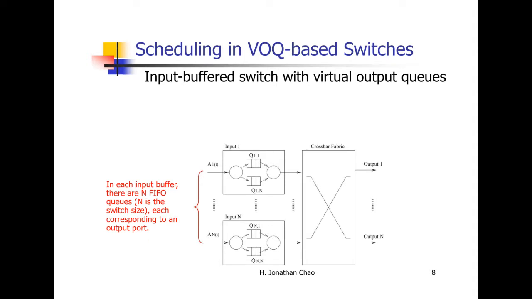In this case, you have n VOQs for each input buffer, and these are logical queues.